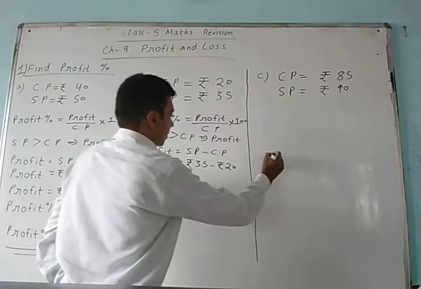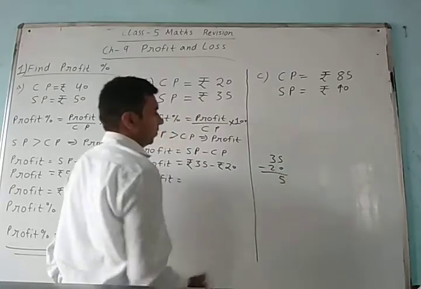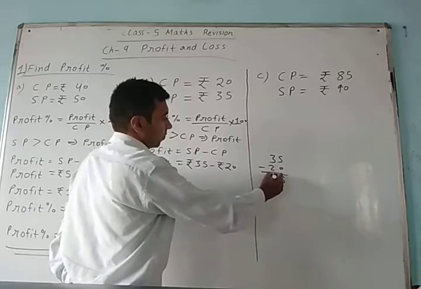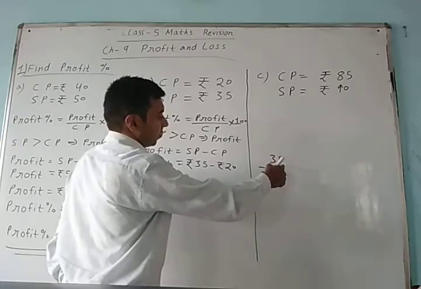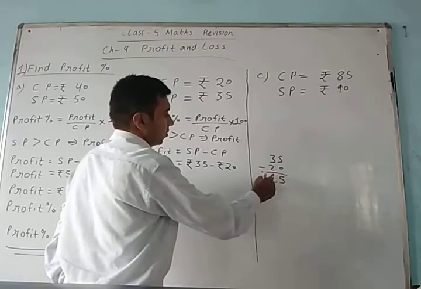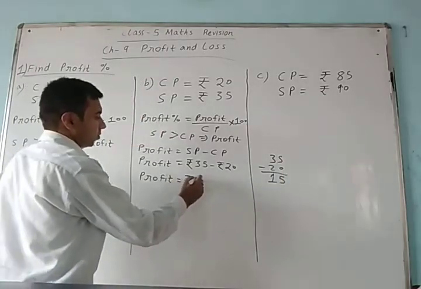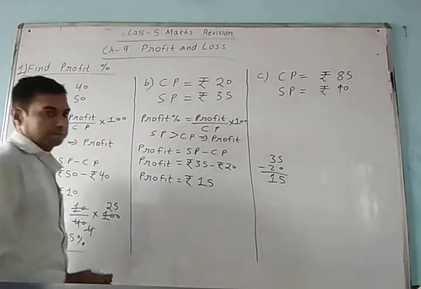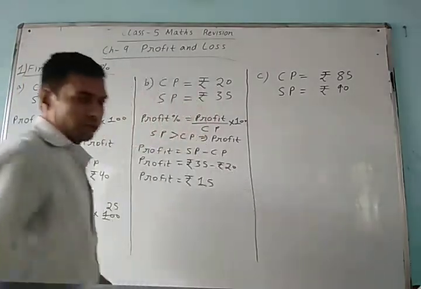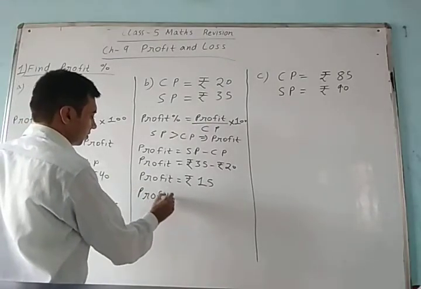Student, see here, 35 minus 20, 5 minus 0, 5, 3 minus 2, 1. Rupees 15. So don't be confused.